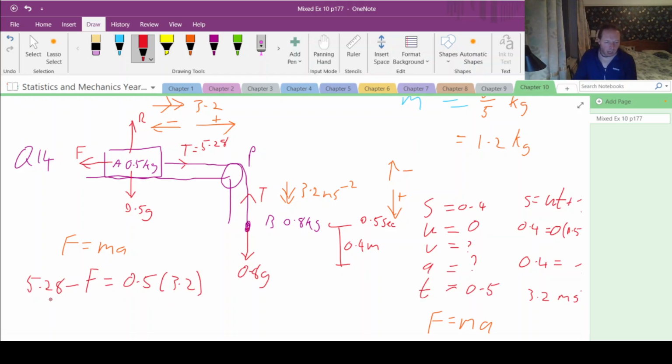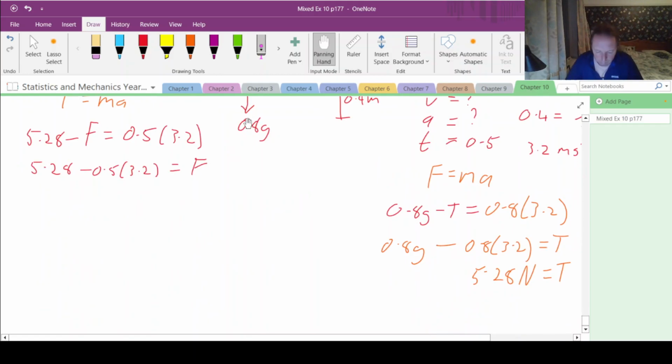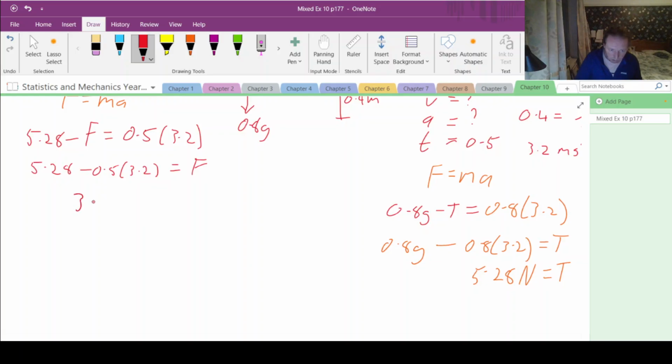So 5.28 minus 0.5 times 3.2 is 92 over 25, 3.68. 3.68 is equal to F.